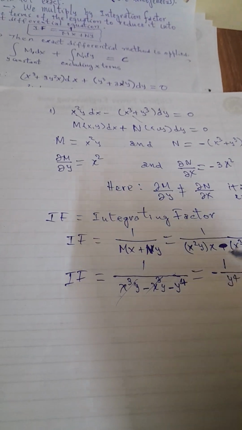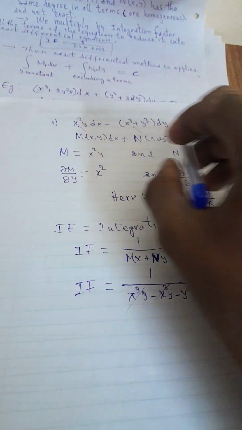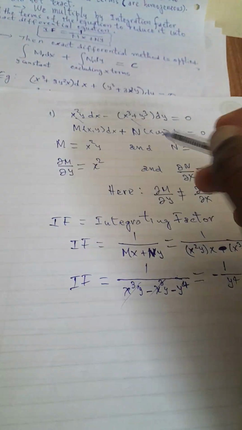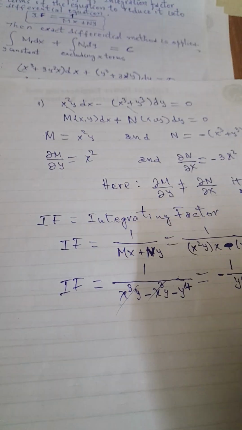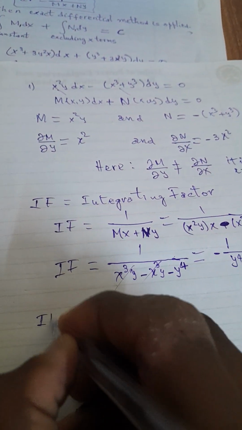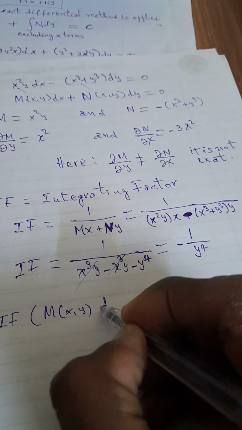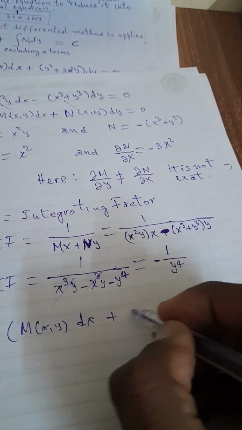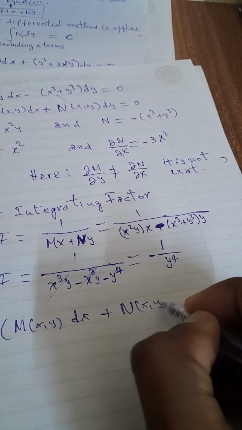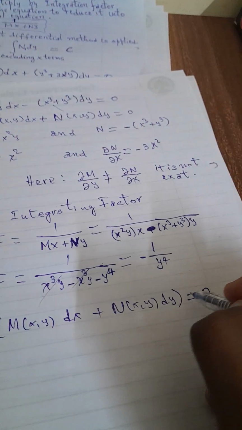What's the next step? We will multiply the whole expression with the integrating factor. So what we are going to have is IF times M of xy dx plus N of xy dy equal to 0.